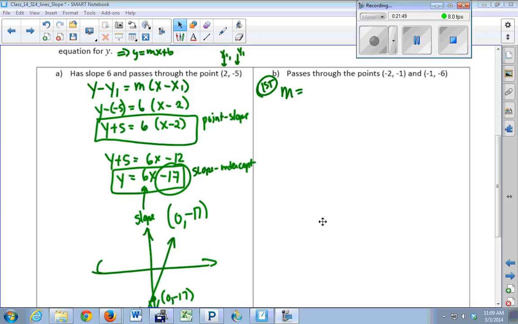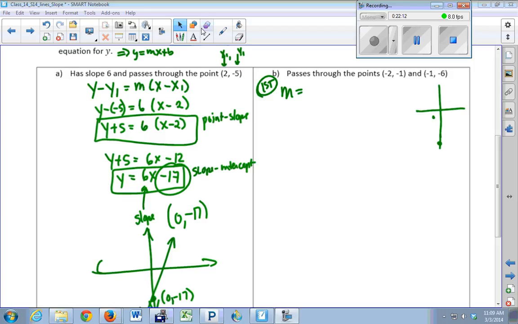The first thing we have to do is find the slope of the line that passes through these 2 points. This is just something I always do. Even though I feel really confident in my arithmetic especially, I always do a little sketch on the side of my paper.